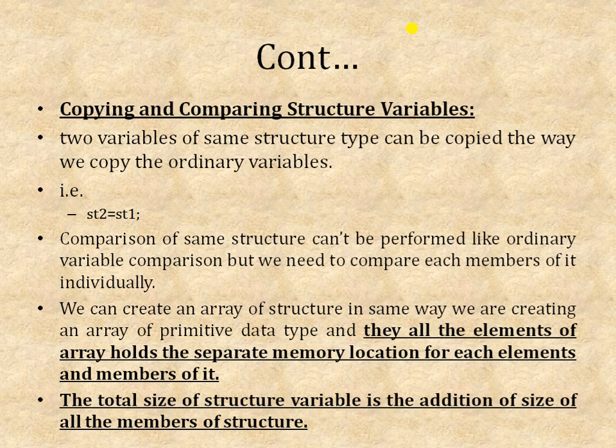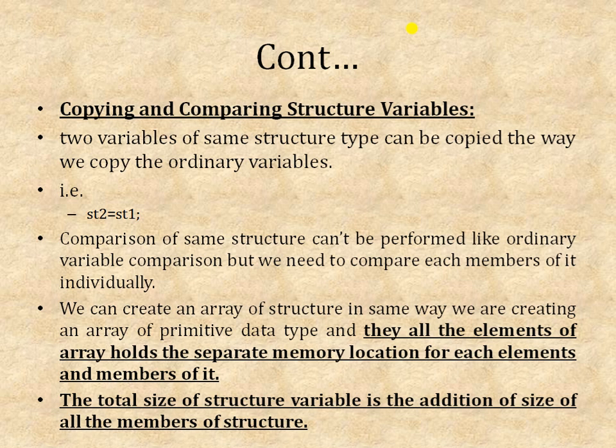Comparison of same structure cannot be performed like ordinary variable comparison, but we need to compare each member of it individually. If I would like to compare the members of st1 and st2, then I cannot write st1 double equals to st2.